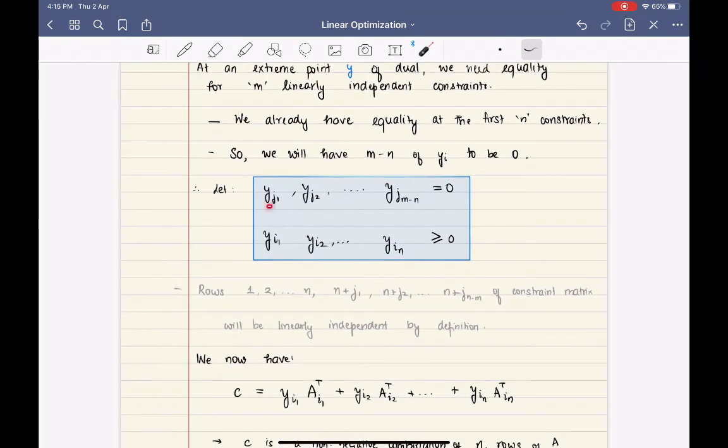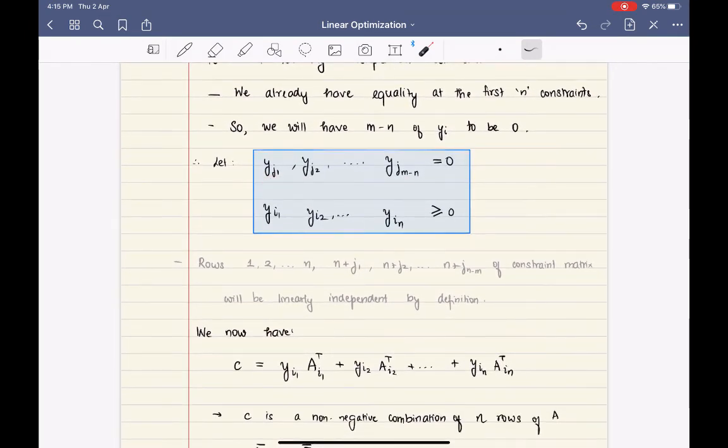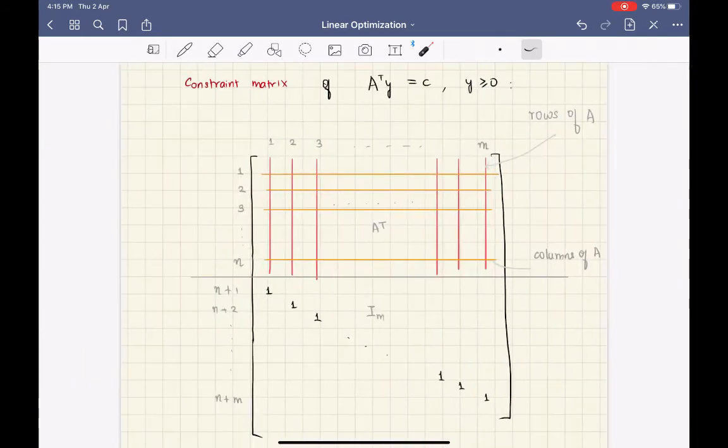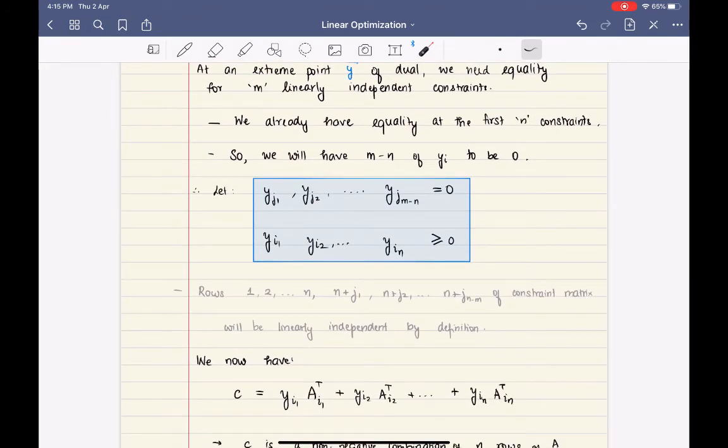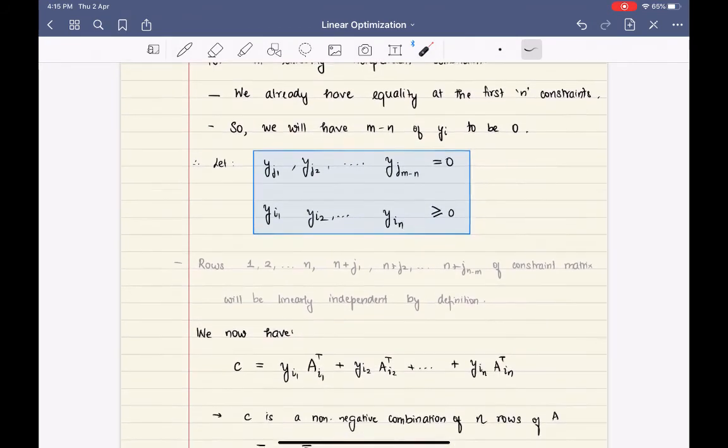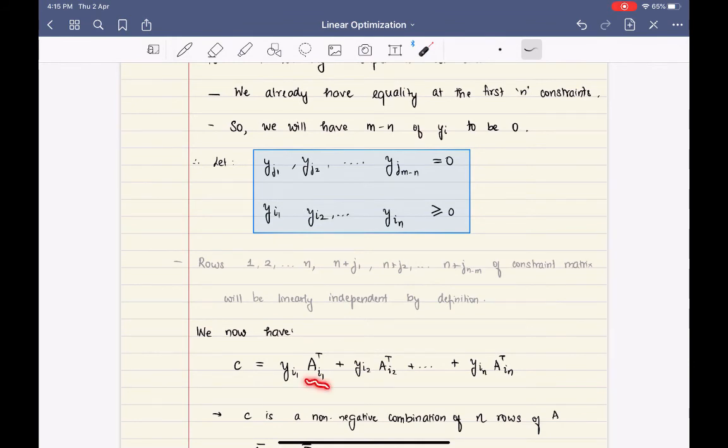And these things are all 0. So we have c to be a non-negative combination of some n columns of this constraint matrix, but each column here is going to be a row of A.